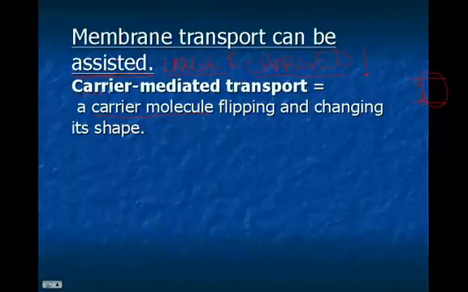So carrier-mediated transport is when we have one of these carrier molecules, and again, they're proteins. One of these carrier proteins will actually flip and change shape to help drop a larger charged molecule from one side of the membrane through to the other side.